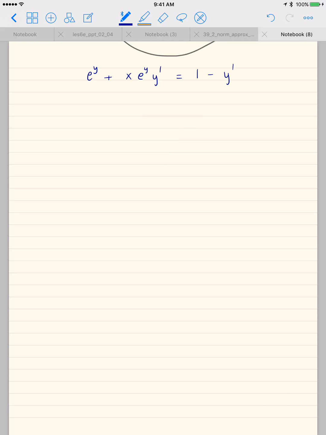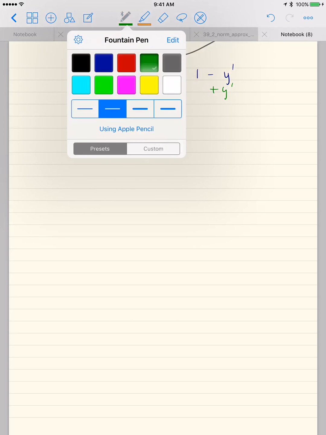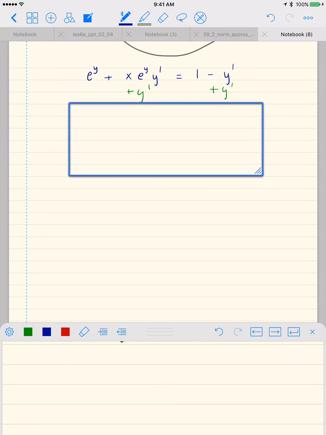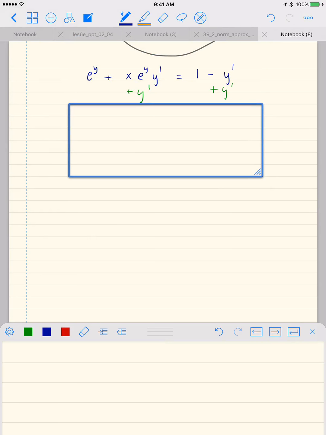So I need to solve for y prime. Here's what I would like to do instead. I'm going to add y prime plus y prime, so I'll have e to the y plus y prime plus x e to the y, y prime equals 1.